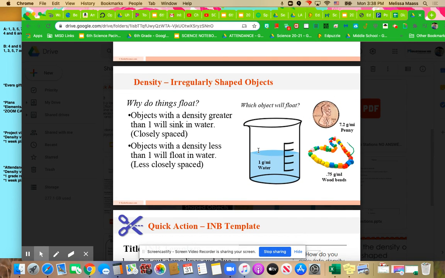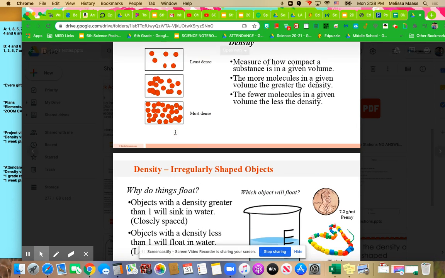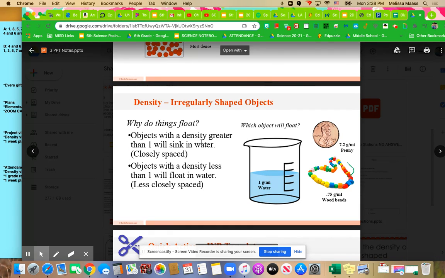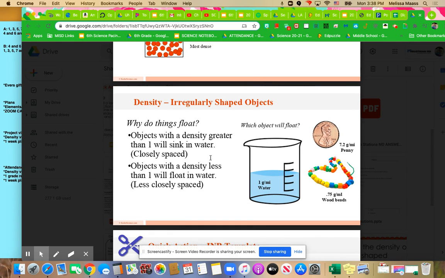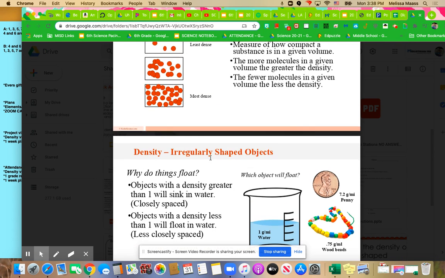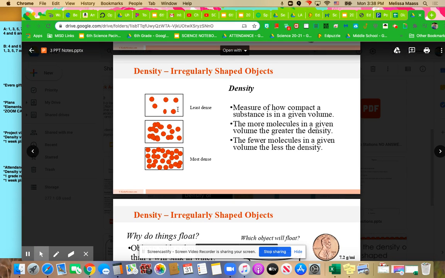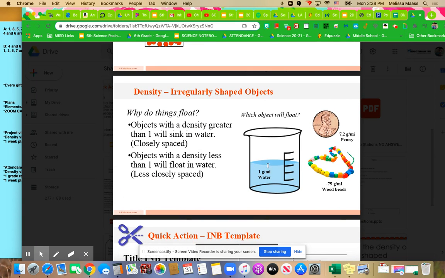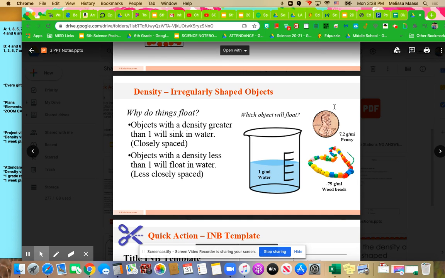Another kind of tying off that slide, why do some things float? Well, objects with a density greater than 1 will sink. I already mentioned that. They're going to be closely spaced together, like this picture. Objects with a density less than 1 will float in water. They're going to be less closely spaced, such as right there, that picture, okay? So if the density of water is 1, will this penny sink or float?